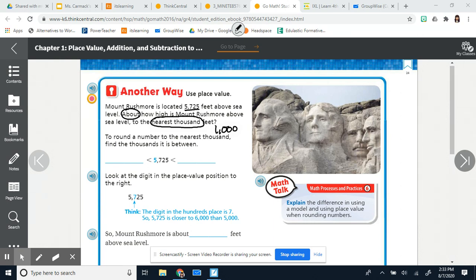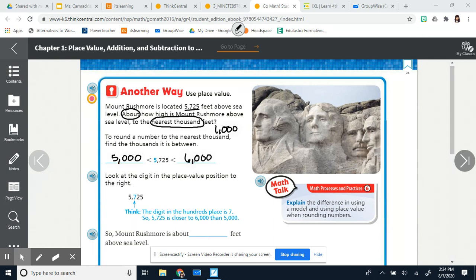So we have 5 in the thousands place, so that means we're going to have 5,000 on one side. And then what's the next largest 1,000? Well, what comes after 5? 6. So 6,000.